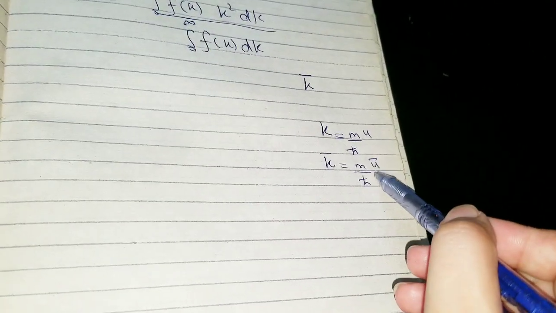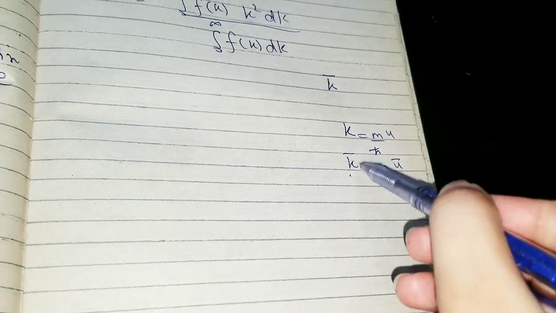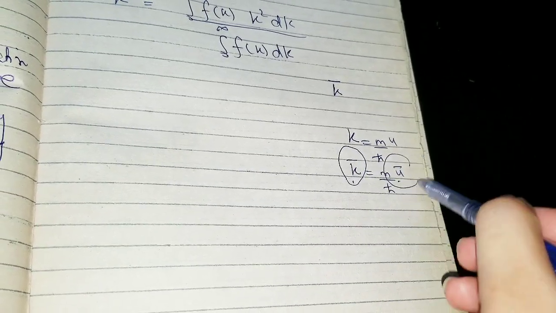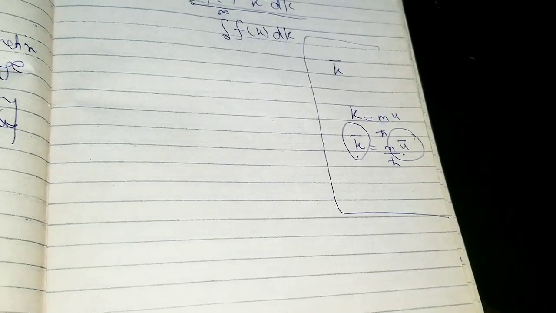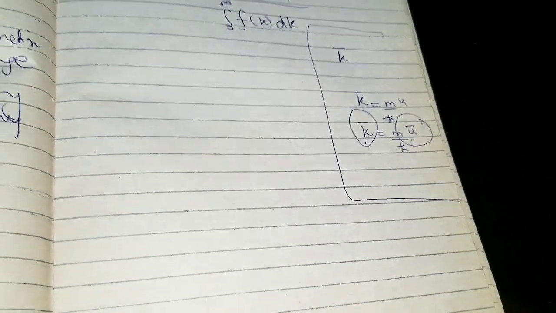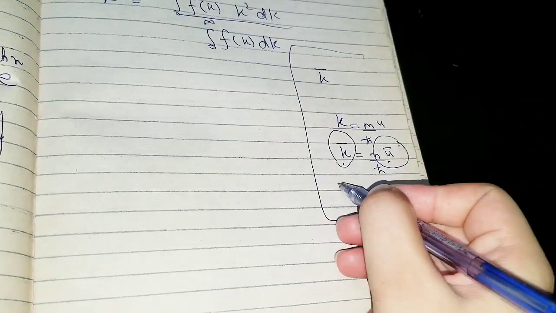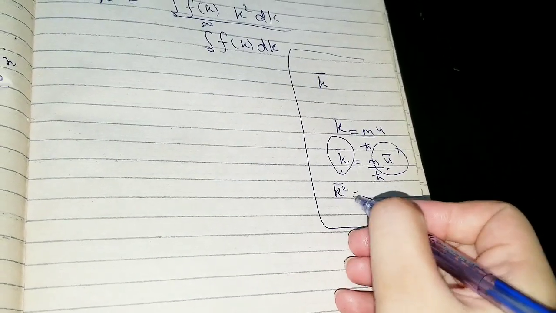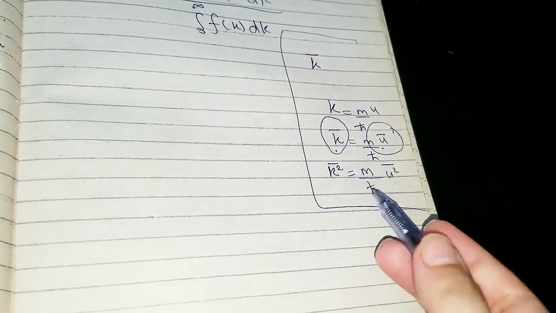So if you know average velocity, you can find the average wave vector, and if you know the average wave vector, you can easily find the average velocity. They are interchangeably related, so you can easily find them from each other. Once you have calculated k squared, you can calculate u squared as well using this formula.